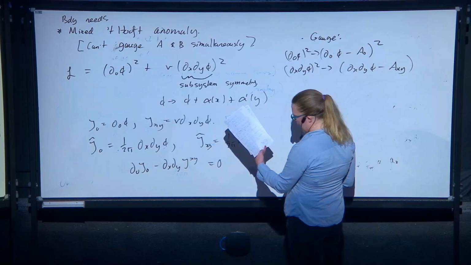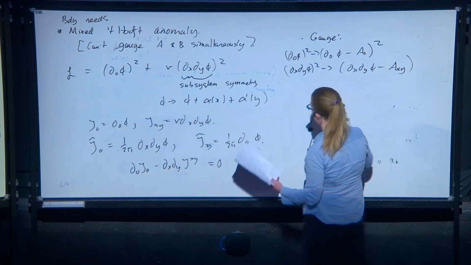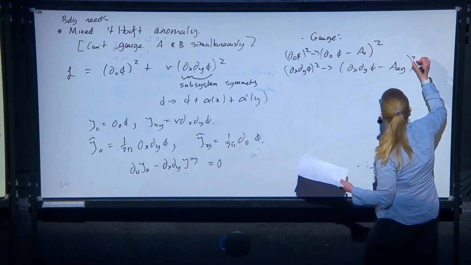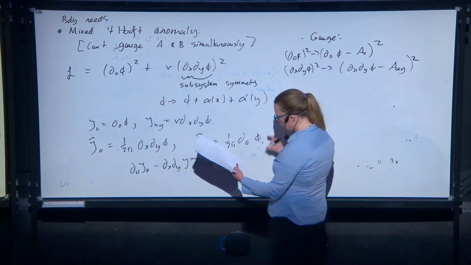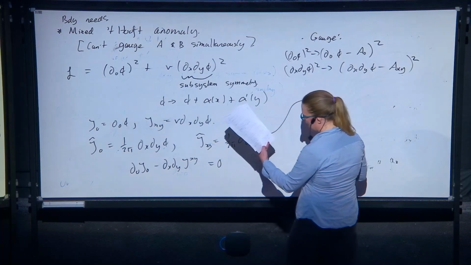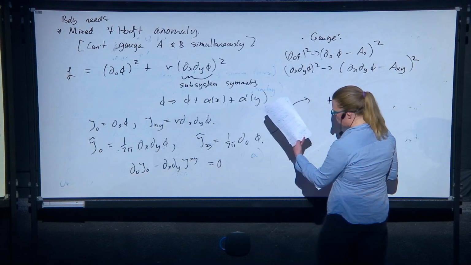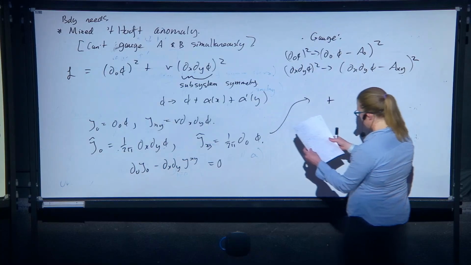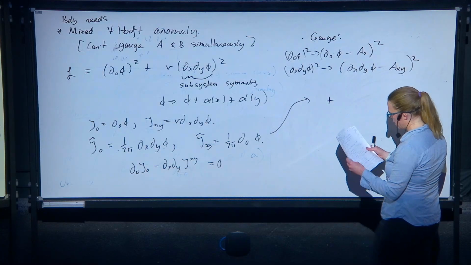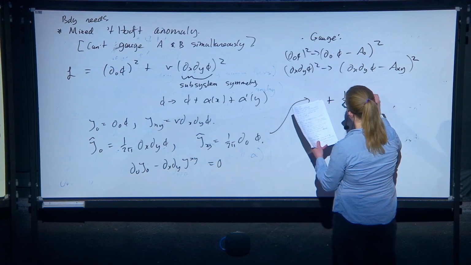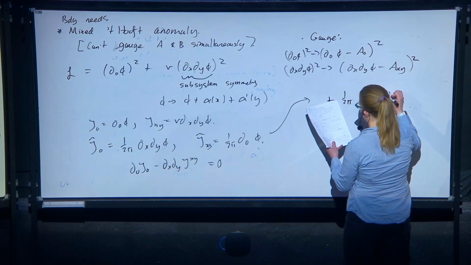But now if I want to gauge this guy here, oh, yep, I better square that, thank you. So if I want to gauge this guy here, I need to add a term that looks like, here we go, 1 over 2 pi, B_0 dx dy phi.